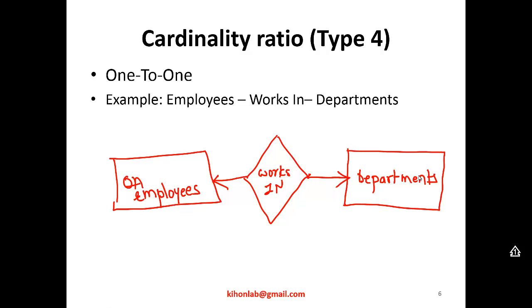In a one to one relationship, an employee can work with one department and a department can have one employee. This is not actually the best example. The best example of a one-to-one relationship is that a school can have a principal. Only one principal can be appointed in a school, or a school can have only one principal. So this is the best example.